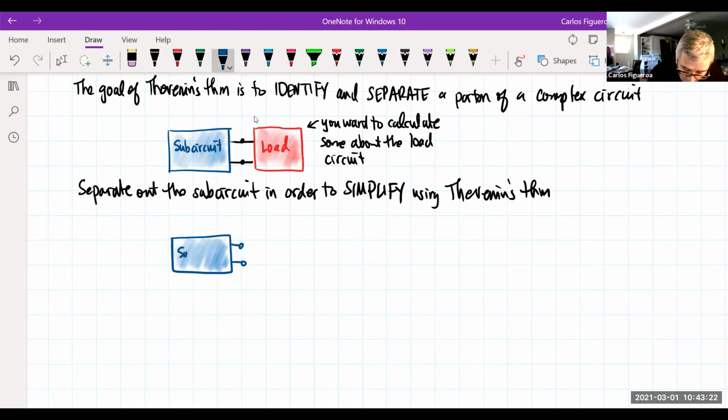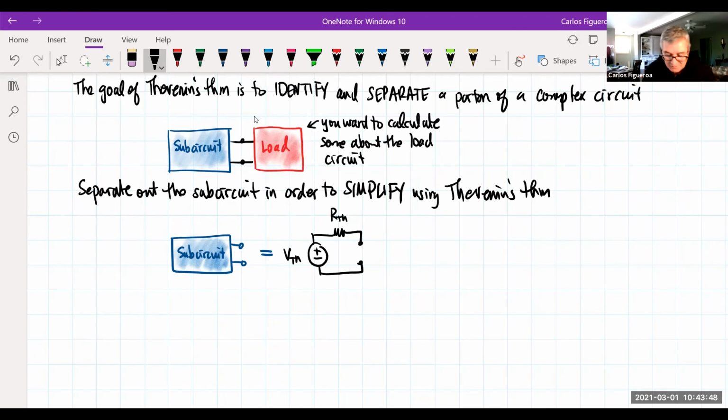The whole goal of the subcircuit is that now you want to create what is called a Thevenin equivalent. In other words, we want to replace this very ugly thing by this very beautiful subcircuit, which is a voltage source and a resistor in series.